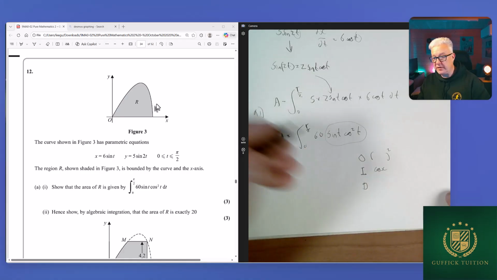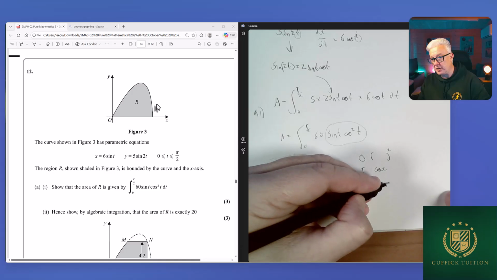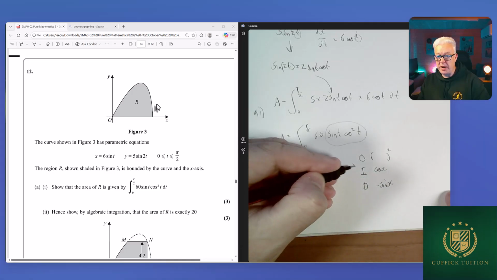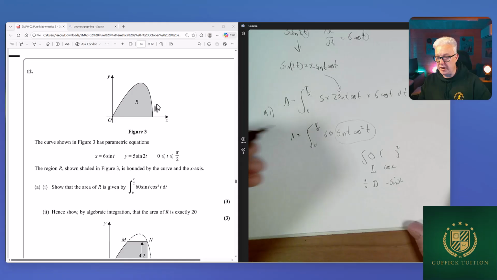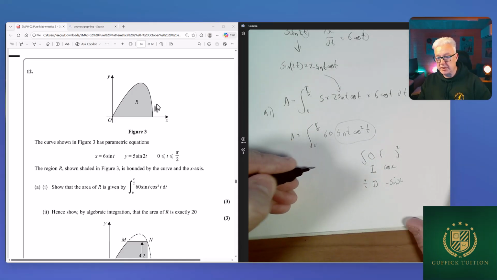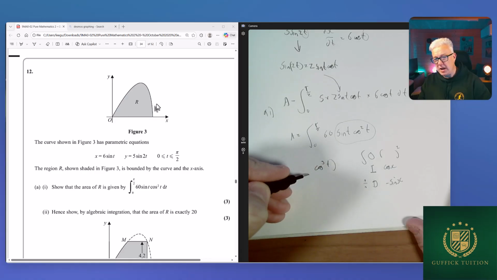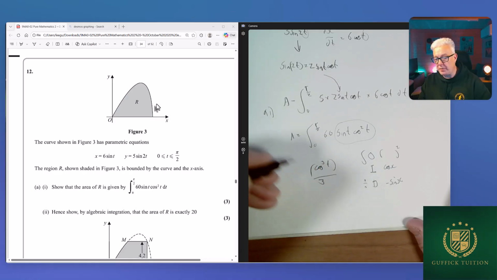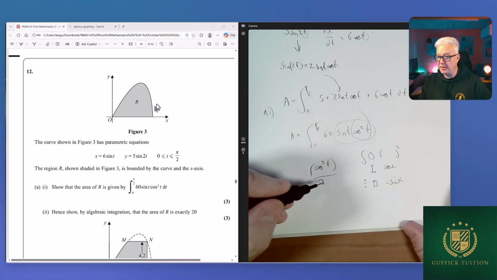The derivative of cos would be minus sine. So what I do to do the chain rule backwards is I integrate the outer and divide by the derivative of the inner. So something squared is going to go to something cubed. So it's going to go to cos cubed t, and you raise the power by 1 and divide by the new power. So when I integrate that, it goes to cos cubed t over 3.